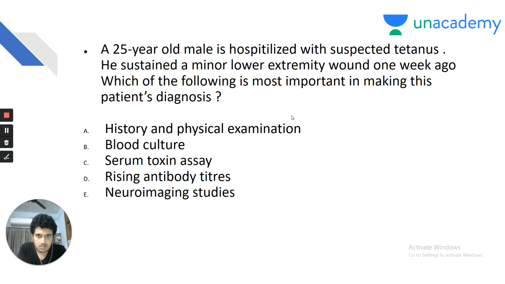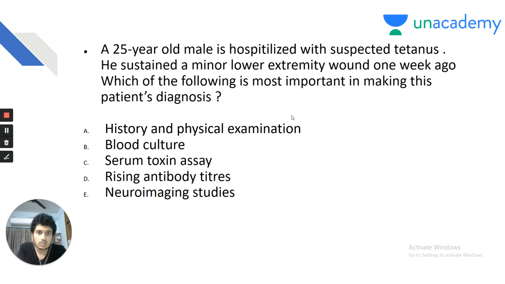So, my dear friends, how do you diagnose a case of tetanus? You need not know the clinical features or any microbiological findings or any highlights of tetanus. This is a clinical question, and how do you make a diagnosis in this patient? Yes, my dear friends, all of you might feel from your microbiology that blood culture is the standard for the diagnosis of tetanus.